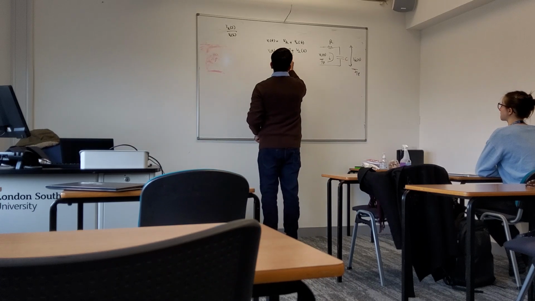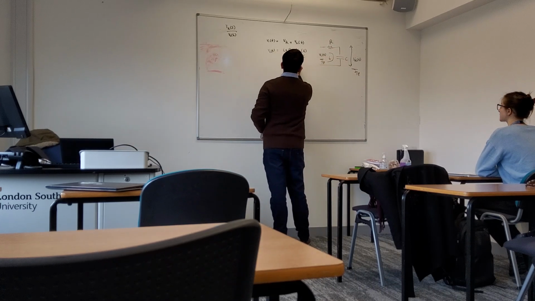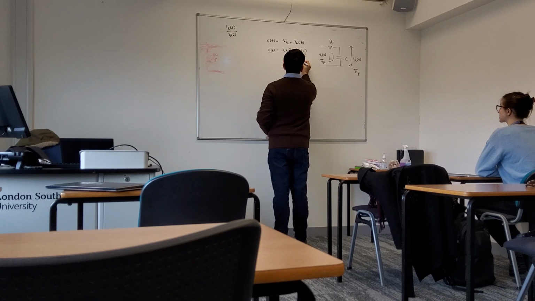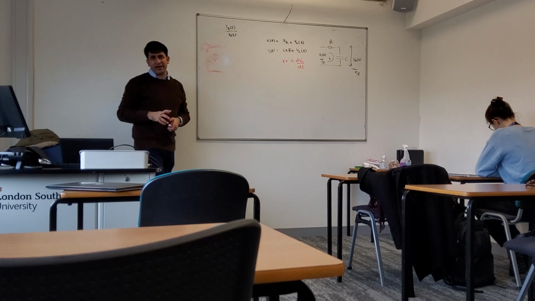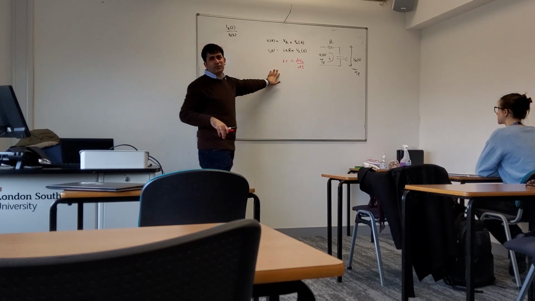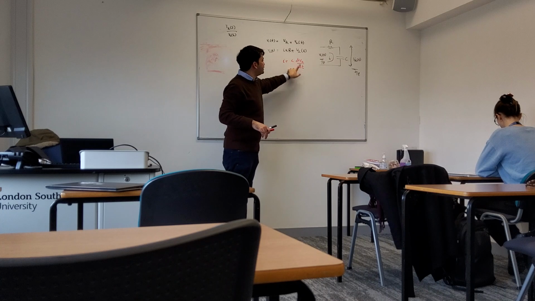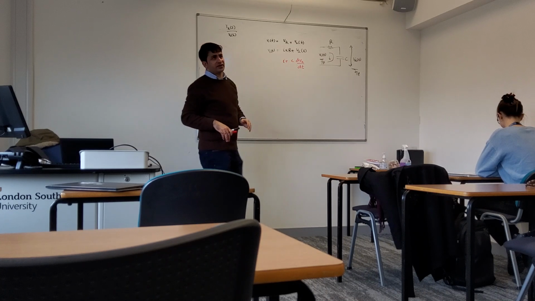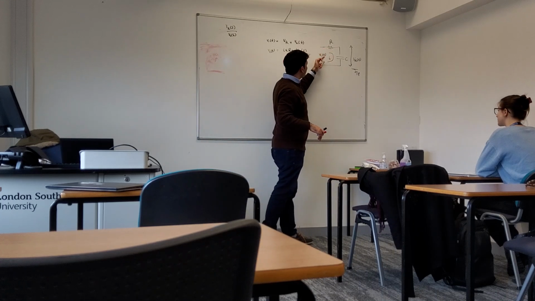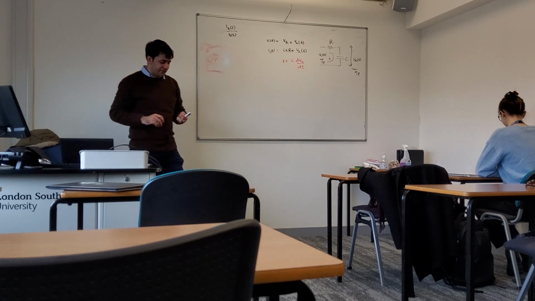But something we know is the current which will flow in this circuit. If you have a circuit with a capacitor, this is a very typical formula for a capacitor: the rate of change of voltage across the capacitor multiplied by its capacitance gives you the current. Since it is a series circuit, whatever current is flowing through the capacitor, the same current will flow through the resistor as well.